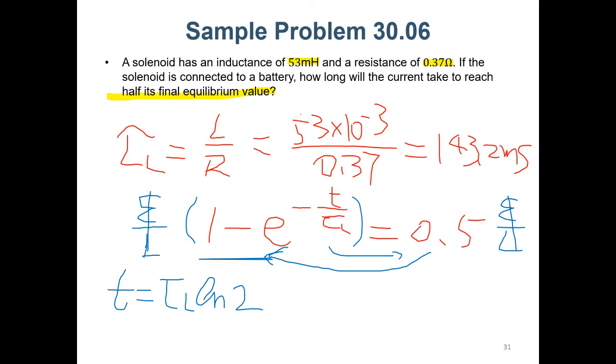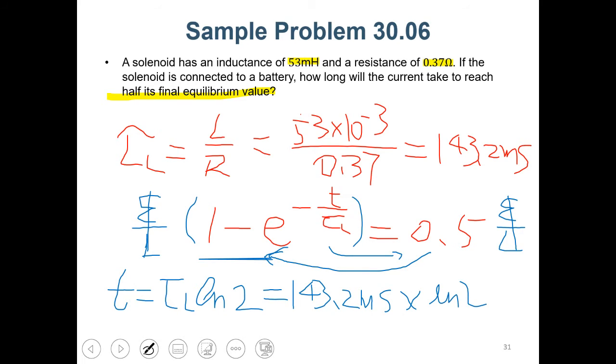Then we take log on both sides, so the left side will be log 2, and the right side will be t over tau L. So finally t equals tau L times natural log of 2. In this case, we have 132 milliseconds times ln 2, which is around 0.1 second.